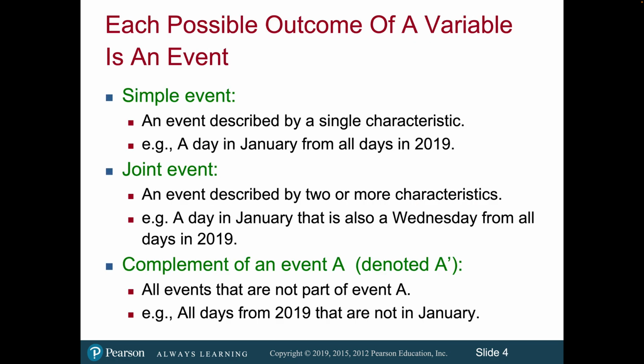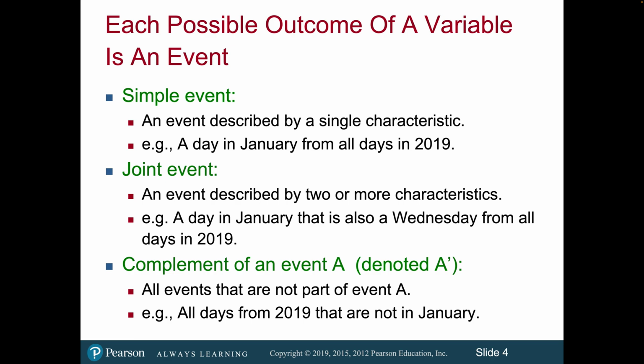A simple event is something that is described by a simple characteristic. A joint event has two or more characteristics. So if we're just randomly selecting a day in January from 2019, we're only doing one thing, selecting a day in January.